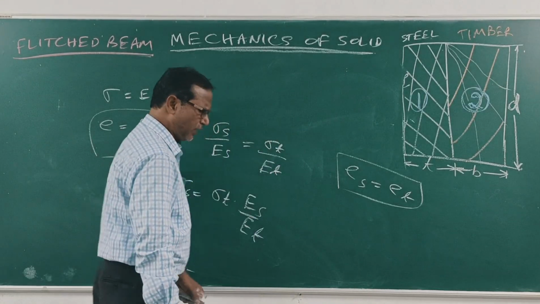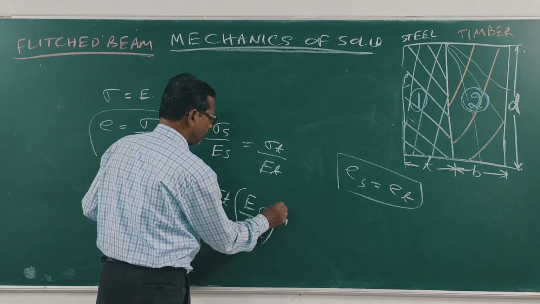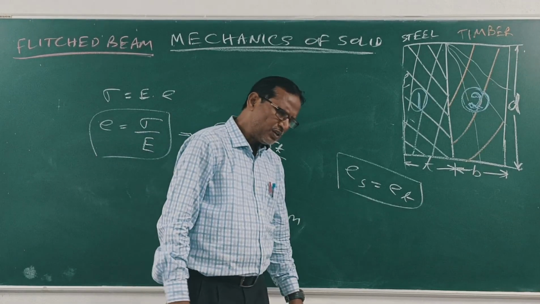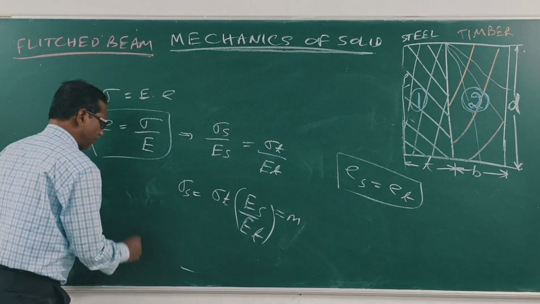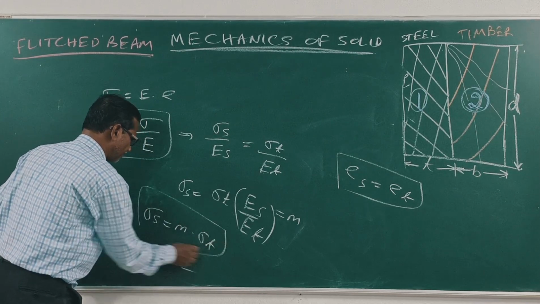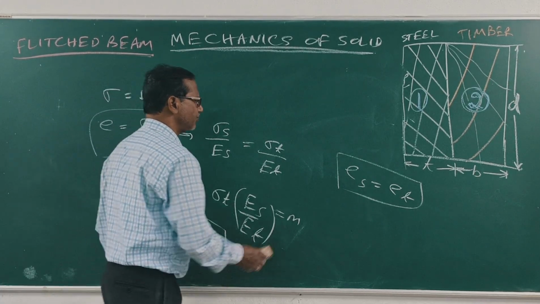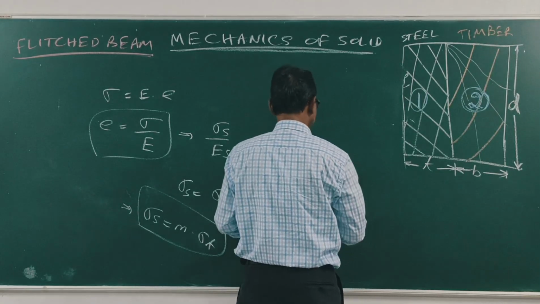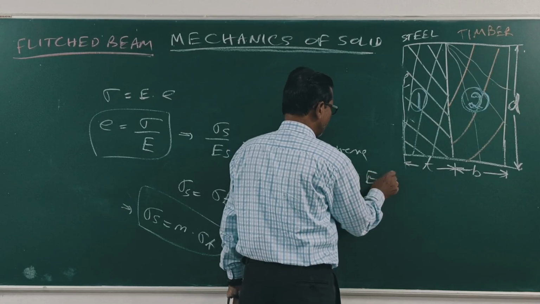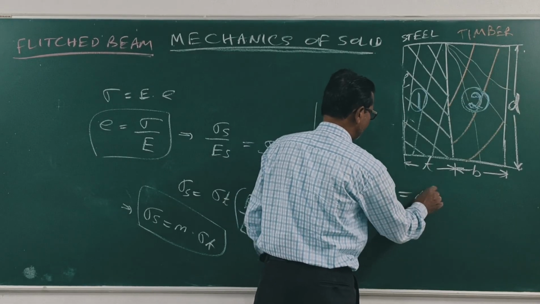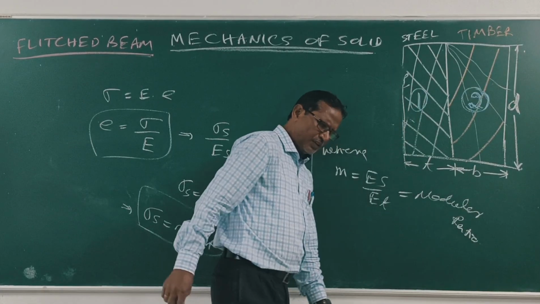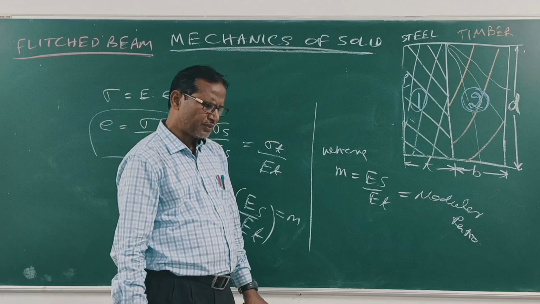This is m, the modular ratio. M means modular ratio. This implies sigma s is equal to m into sigma t, where m is equal to ES by ET, the modular ratio. Clear?